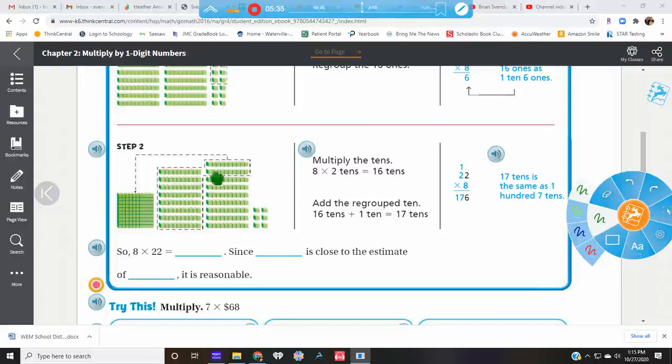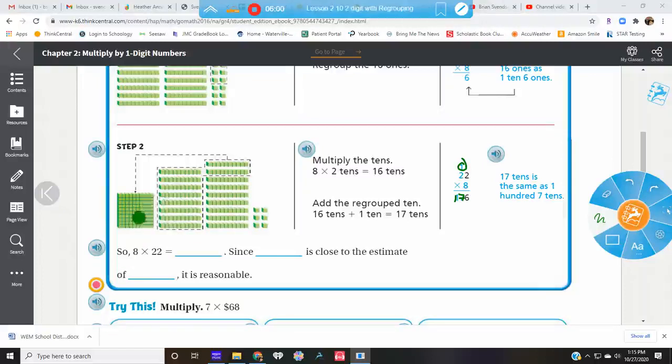Here's our original 10, 20, 30, 40, 50, 60, 70, 80, 90, 100, 10, 20, 30, 40, 50, 60. But we have this extra guy that we brought in right here. So we really are going to say that we have 170.